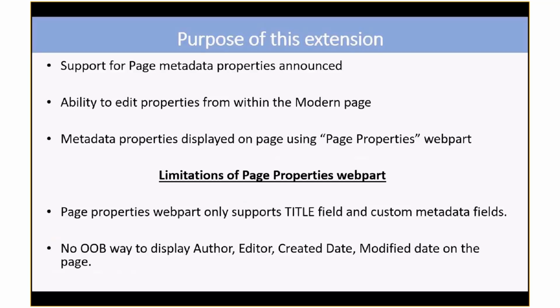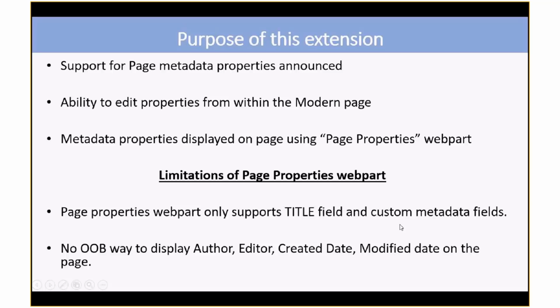Also with that came a web part called page properties, which we could use to display those property values on the page itself. But there was a limitation with the page properties. I'm not sure if that would be released in the future, but at the moment, it only supports displaying the title field of the site page and the custom metadata fields that we have created.